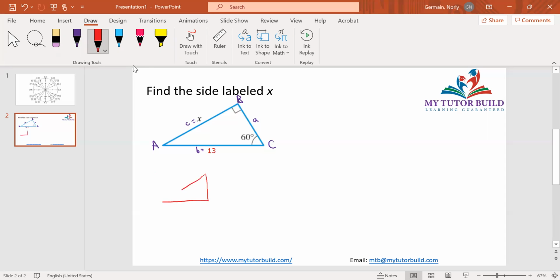Suppose this is a right triangle. If we have theta here, we call this side opposite to the angle, and we call this side adjacent to the angle, because it's between the angle we are interested in and the right angle.